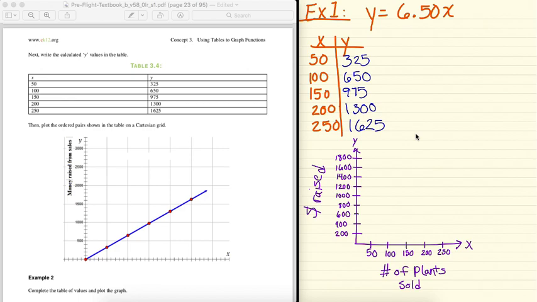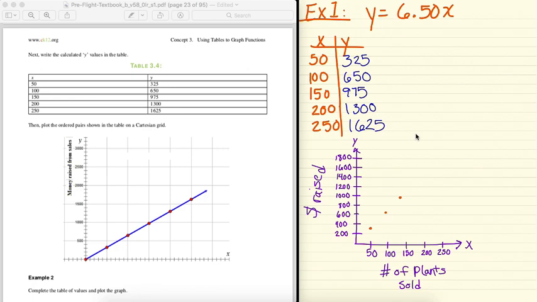Now I'm going to graph each of these points. So I have the point 50, 325. Well, we can't get super exact, but we can get approximate, and that's okay. Then I have the point 100, 650, so I know that that's going to be just above that 600 mark. Then I have the point 150, 975.